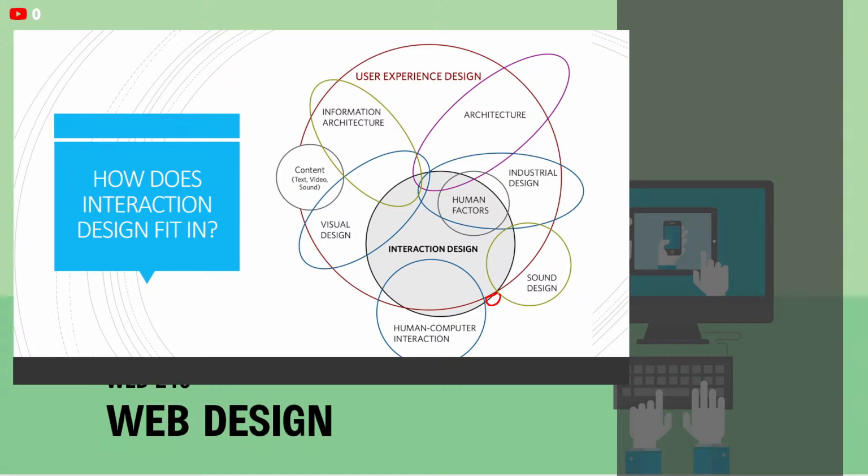But I think it might just be that that's where they kind of had to put the circle in order to get everything else to connect properly, right? Because otherwise you might have HCI and sound design overlapping, which, I mean, to a degree, there might be a little bit of overlap that should happen there.